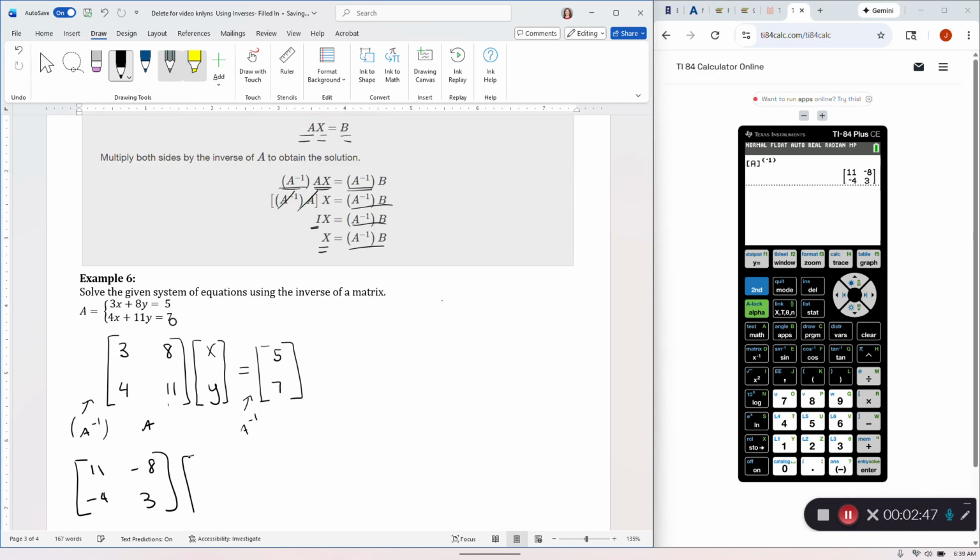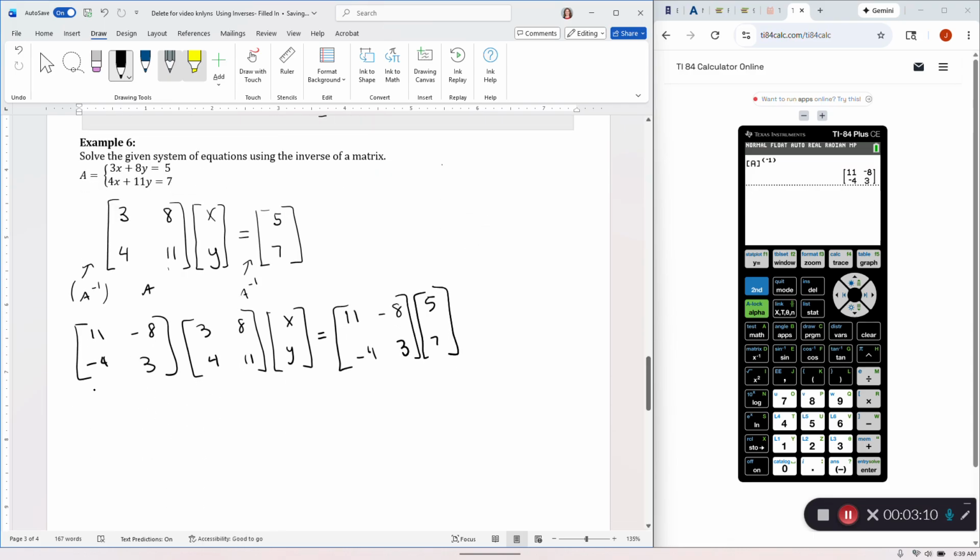So that matrix will get multiplied on the left on both sides of the equal sign. Now, these two here will create the identity matrix that we multiply by x, y, and we will get x, y.